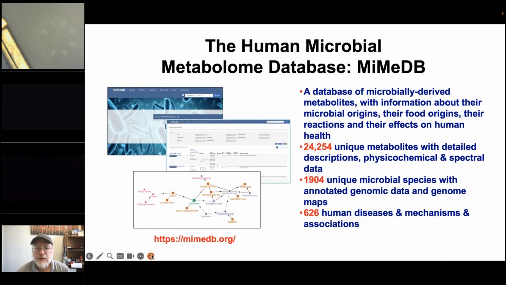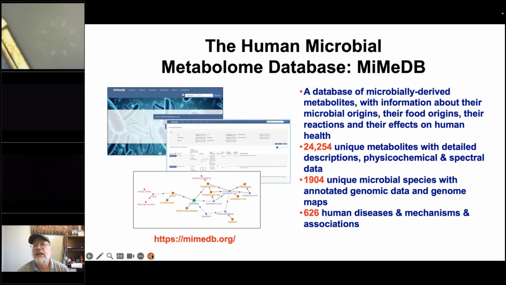It's partly because of those efforts of moving largely model organism and human databases that were initially metabolomic databases towards these multi-omic databases that we started on another project about 2 years ago called the Human Microbial Metabolome Database, or MIMDB.